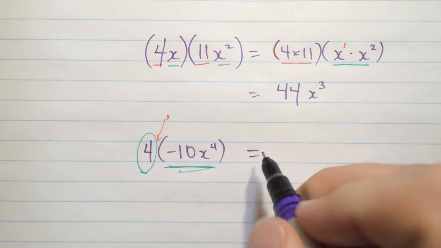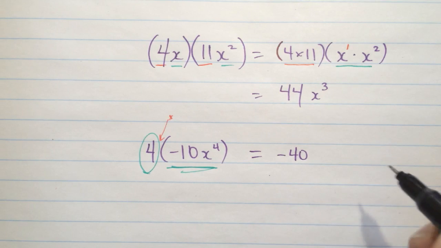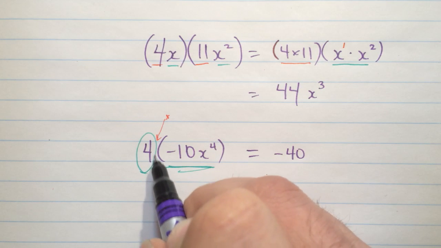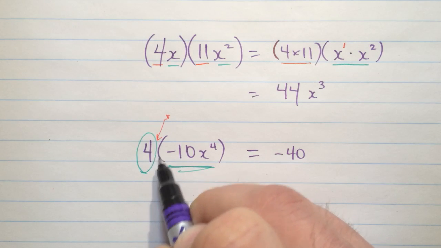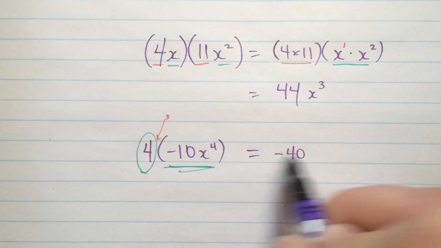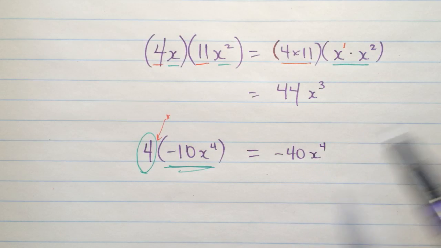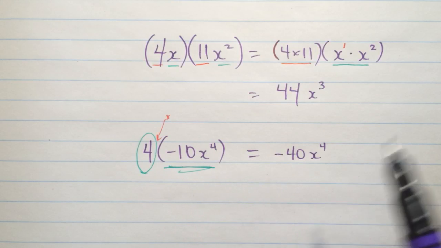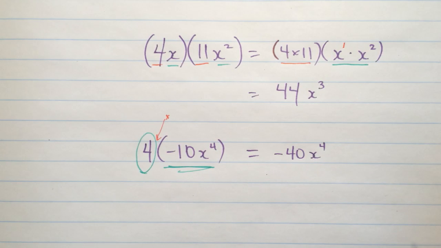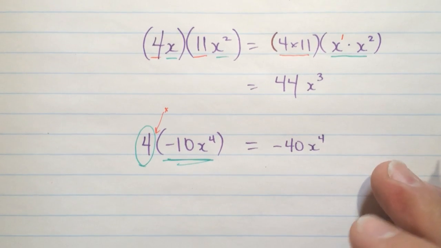So 4 times negative 10 is negative 40, and then the variable component here is missing. It's not variable. This is a constant, and so this is sort of like 1 times this thing here, which is x to the 4th. We have 4 times negative 10 to get negative 40, and x to the exponent 4 is all that's left for the variable component. So that's how we multiply those two.